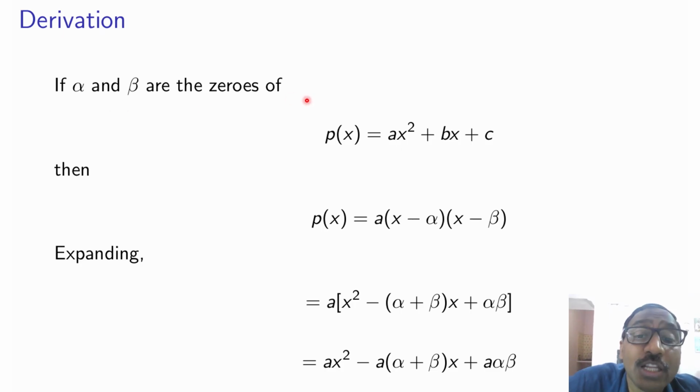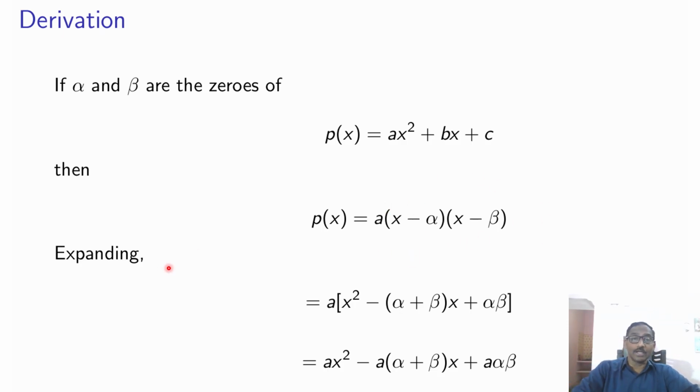If alpha and beta are the zeros of p of x equal to ax square plus bx plus c, then x minus alpha is a factor of p of x and x minus beta is also a factor of p of x. What is the x square coefficient? A. So we can write p of x is equal to a times x minus alpha times x minus beta.